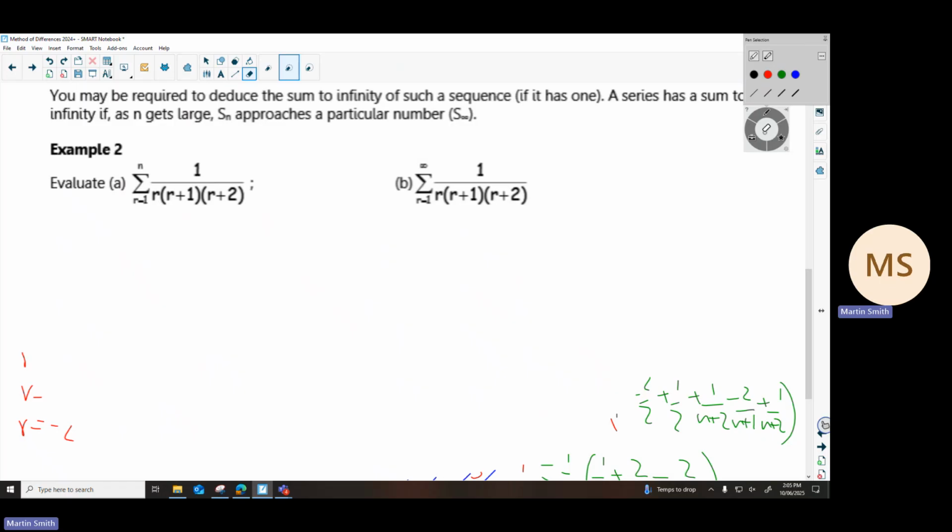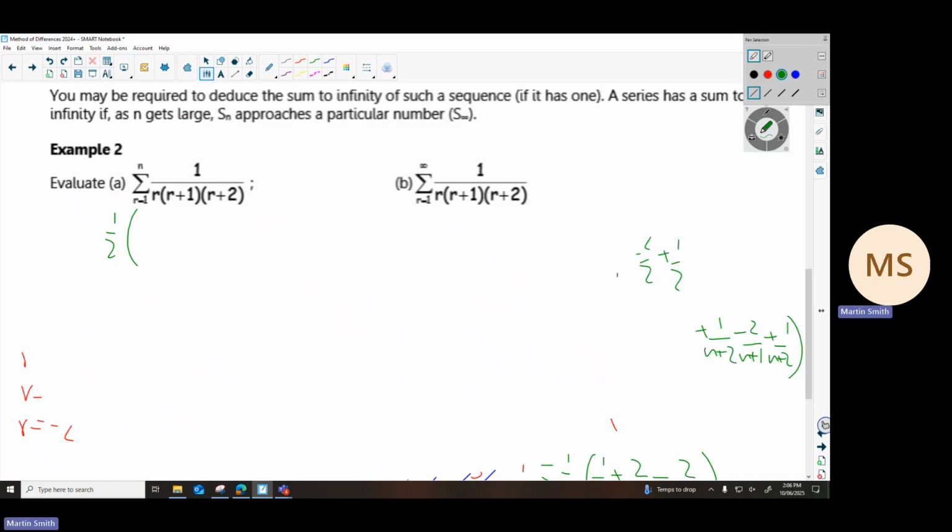I know that the sum from r is 1 to n is given by a half into a half plus 2 over n plus 2 minus 2 over n plus 1. That's my answer to part A.